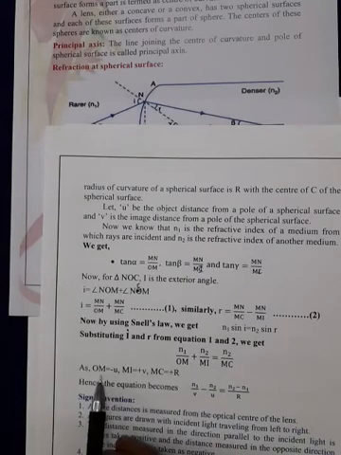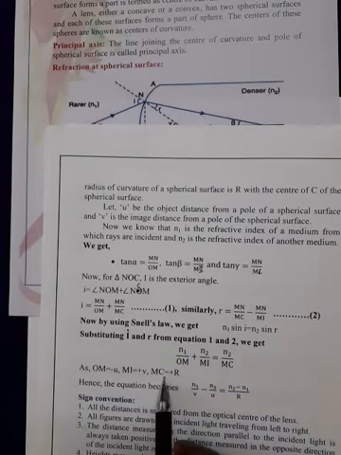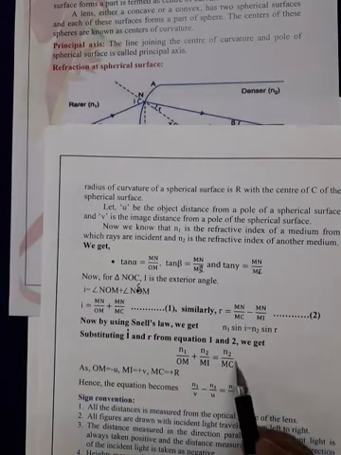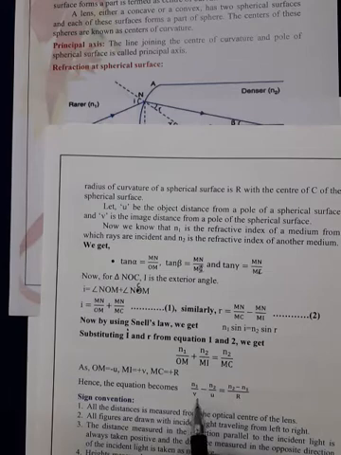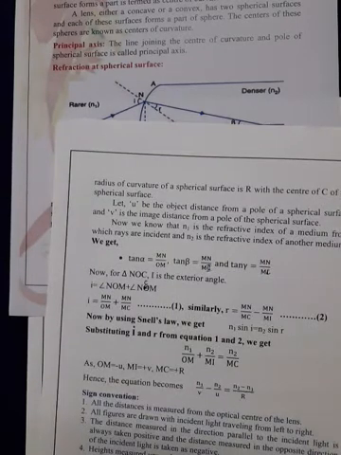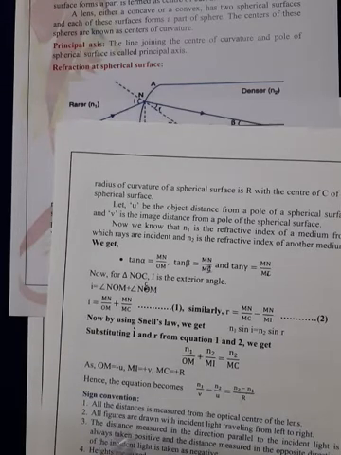Just substitute the values here: Om equal to minus u, Mi is plus v, Mc is plus R. Hence this equation becomes n2 by v minus n1 by u equal to n2 minus n1 by R. Here the minus sign indicates just the direction. We are measuring it with respect to the opposite direction.